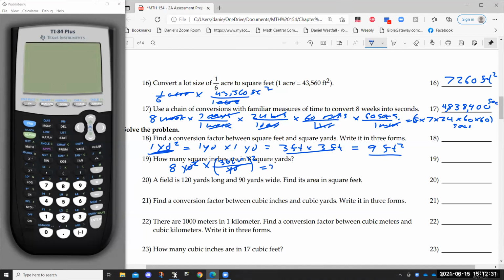So it's going to be 8 times 36 squared square inches. I didn't write my answer down for that one.